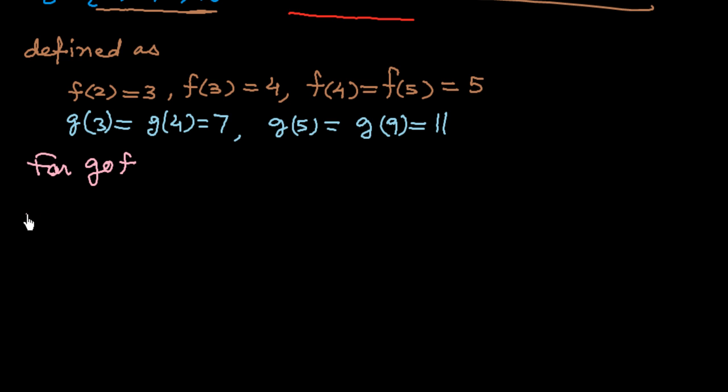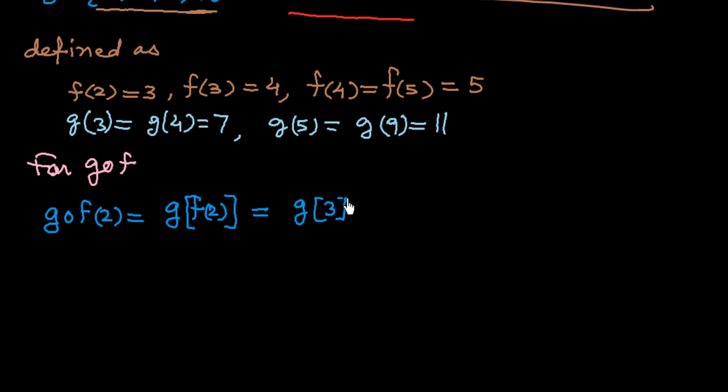First we find (g∘f)(2), which is g of f of 2. f of 2 is 3, so we have to find g of 3, and g of 3 is equal to 7.